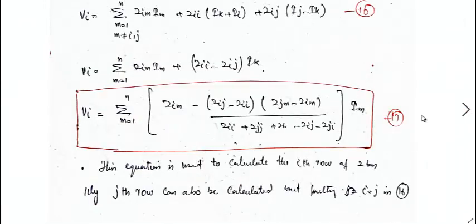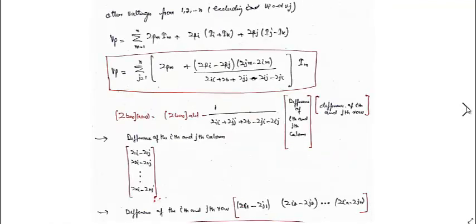Similarly, here you can see this will form the difference of the ith row and the jth row. Sorry, the ith column and the jth column. This will form the difference of the ith row and the jth column.